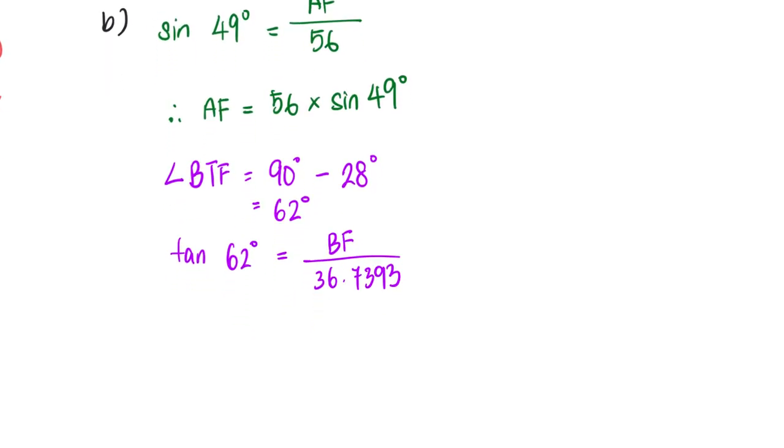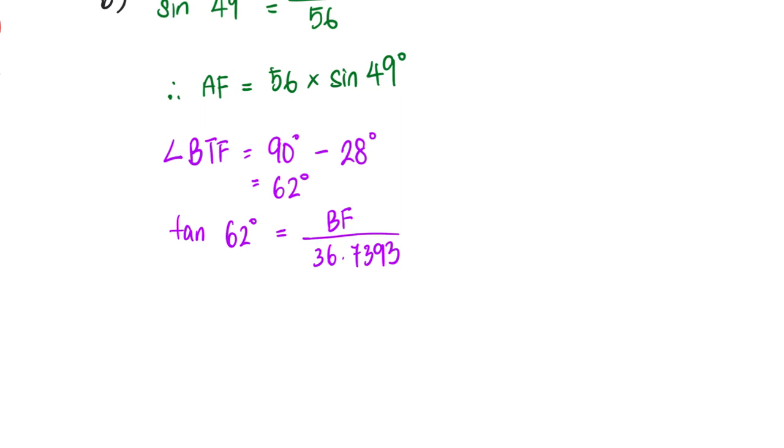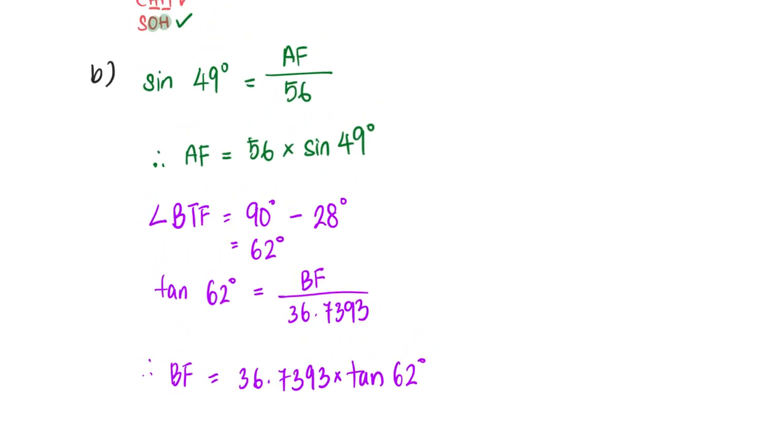And therefore, I will be able to get my BF by multiplying 36.7393 on both sides. And finally, I will then be able to get my AB.